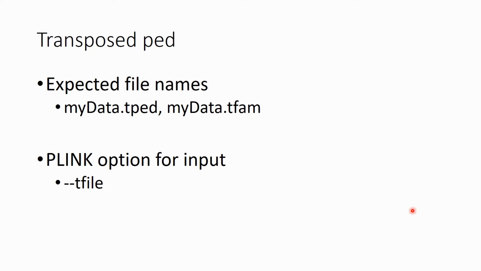The next input data format is the so-called transposed PED file. Here we also have 2 files that are required. The first one has the .tped extension, and the second one has the .tfam extension. If you want to read these in PLINK, you then need the --tfile option.